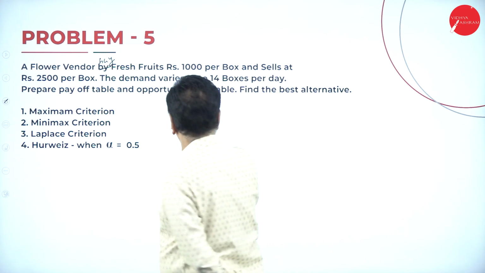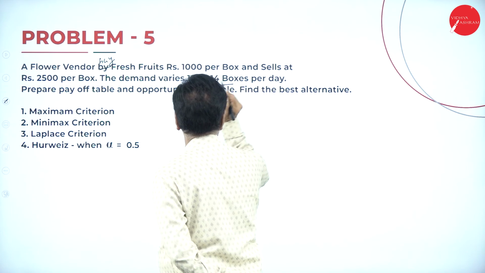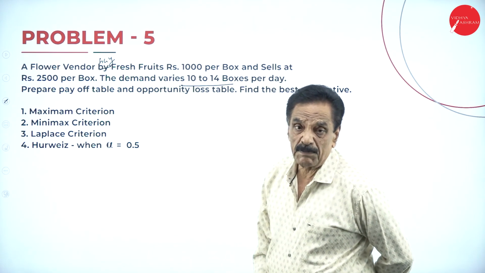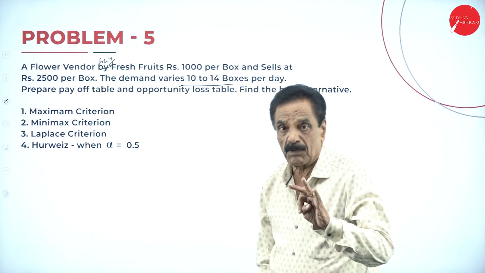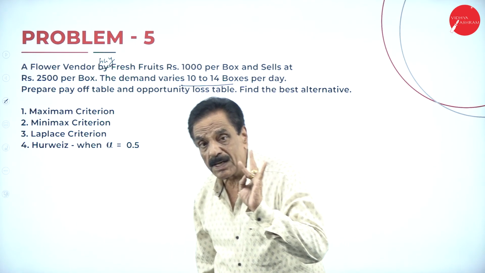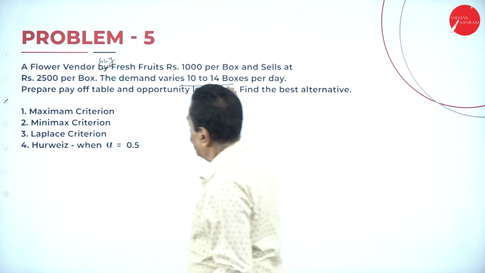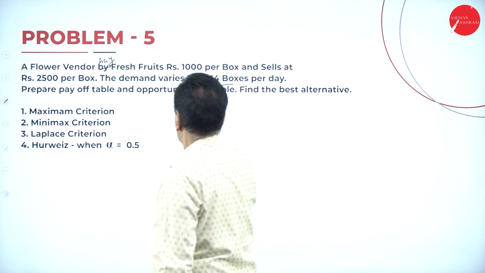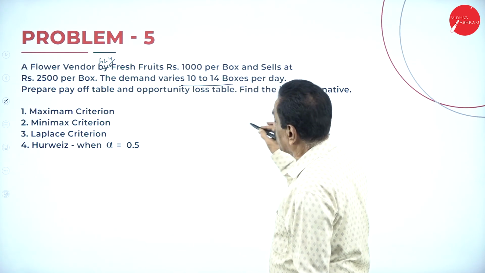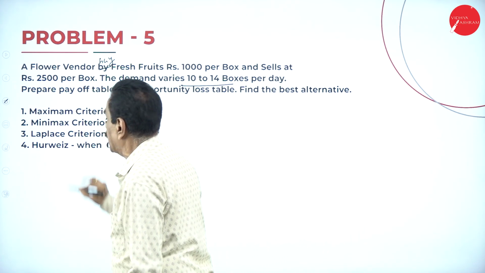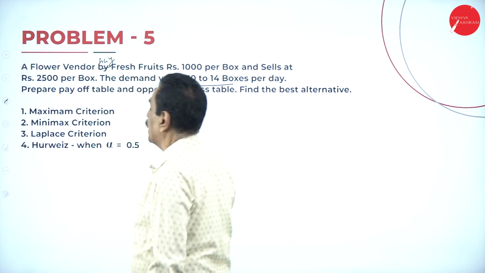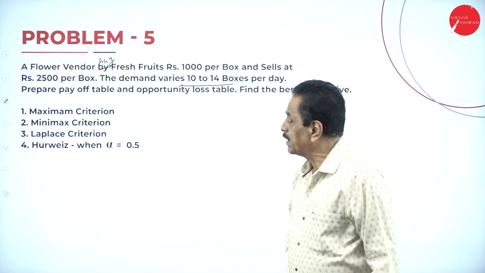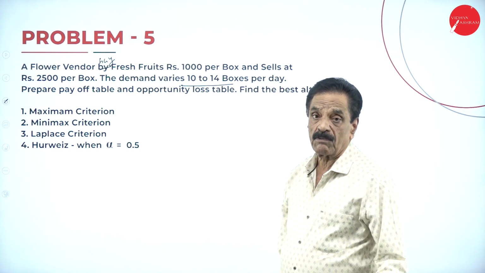The demand varies from 10 to 14 boxes, so there is a demand for 10, 11, 12, 13, and 14 boxes per day. Prepare a payoff table and opportunity loss table. Find out the best alternative using maximax criteria, minimax criteria, Laplace criteria, and Hurwicz's when alpha is 0.5.